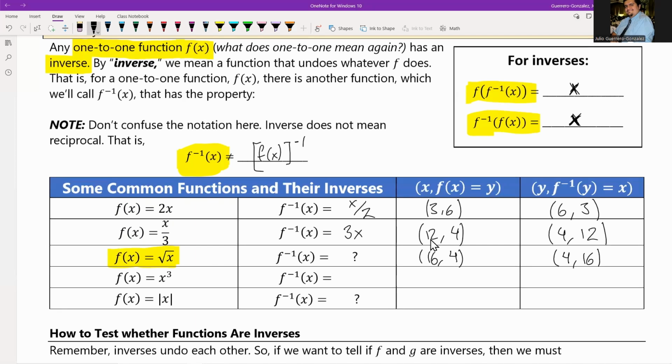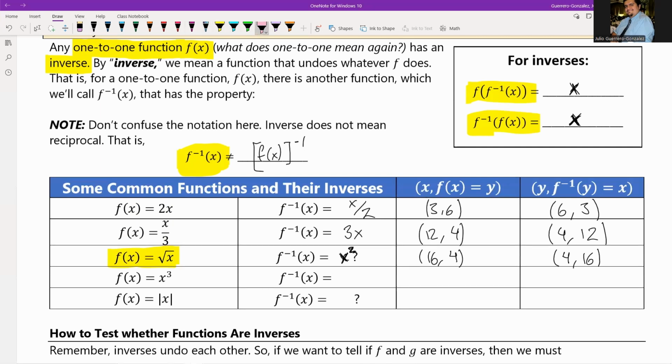Now, the square root function square rooted whatever was inside the x, right? So thinking about it a little bit, if f of x square rooted it, then maybe the inverse should square it, right? All right, cool. And lo and behold, the inverse for this one is x squared.